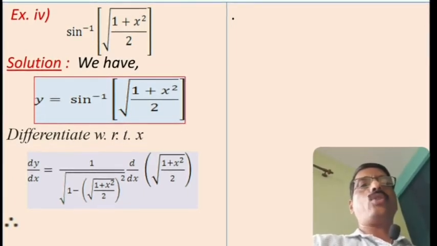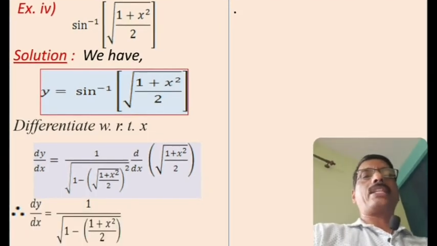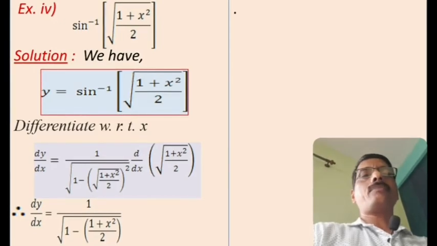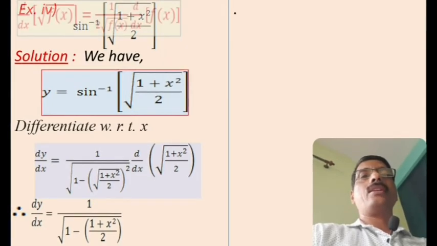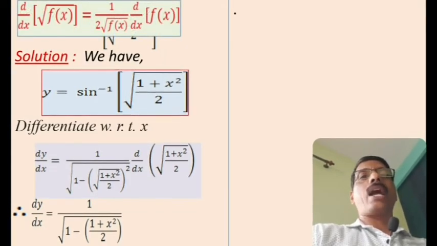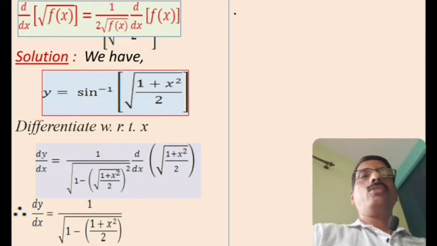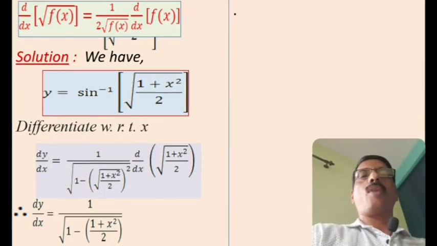Now take the derivative of root of (1 plus x square) upon 2. Again we know the formula. What is the formula of the derivative of root of f of x? Yes, remember? That is d by dx of root of f of x equal to 1 upon 2 root of f of x into d by dx of f of x.